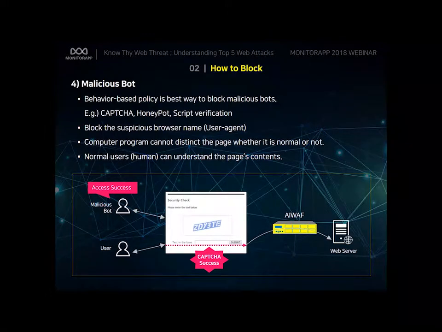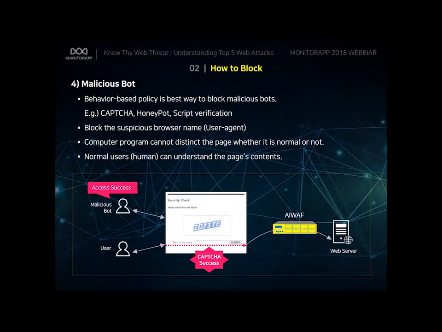Okay, next is malicious bots. In order to block malicious bots, you can use behavior-based policy such as CAPTCHA, honeypot, script verification, etc. You can also authorize known browsers, since not all bots have malicious purposes. The reason for using behavior-based policy is that computer programs cannot understand the contents of the web pages.